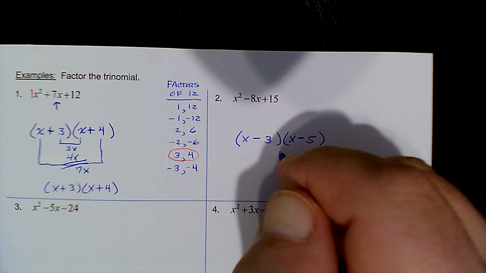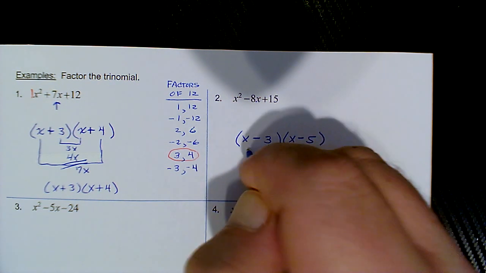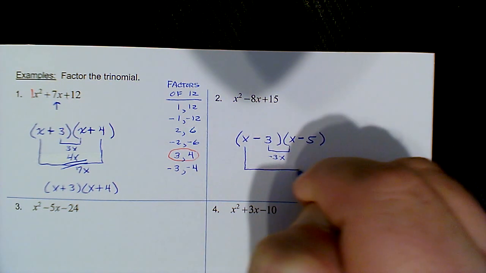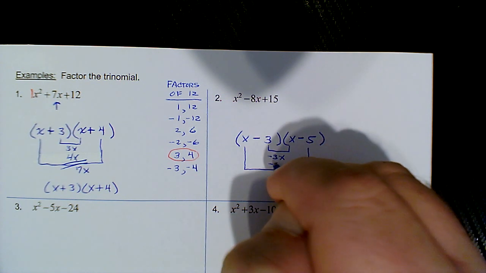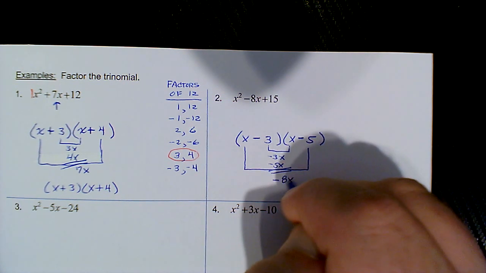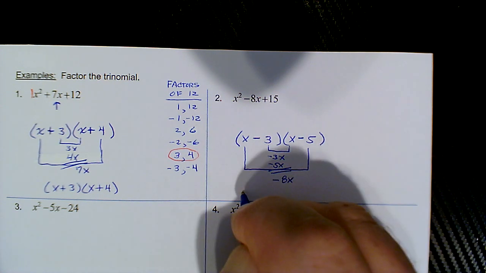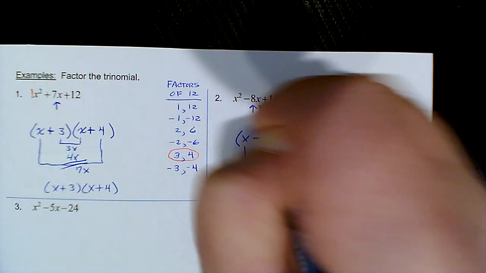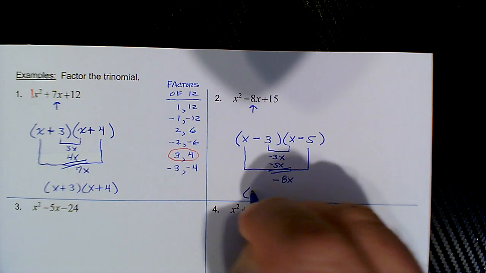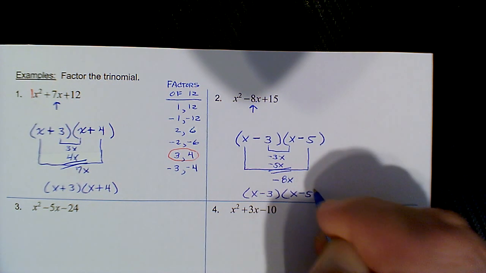We would check the inner product, that gives negative 3x, and the outer product gives negative 5x, and they combine to give negative 8x, which is what we're looking for. So therefore, the correct factorization is x minus 3 and x minus 5.